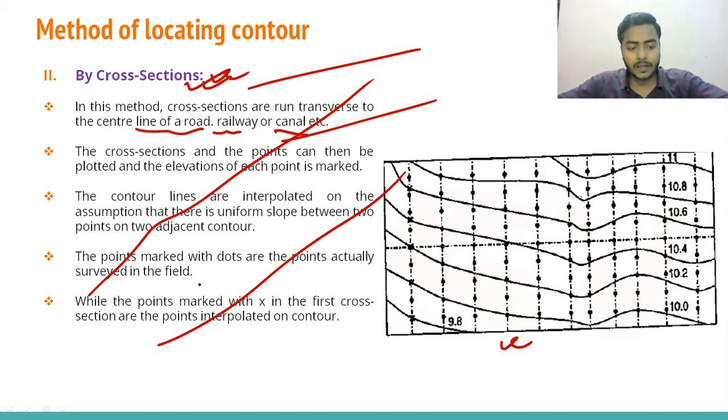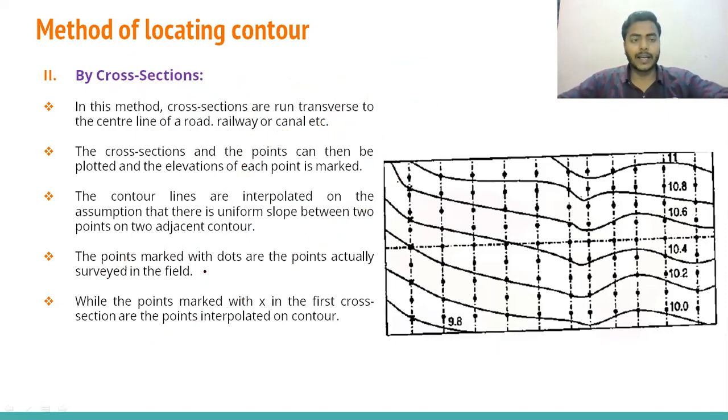So there are different methods, direct method or indirect method. In the direct method we can go for vertical control or horizontal control, and we can use squares or cross section. In this method, this is showing the cross section of a road.